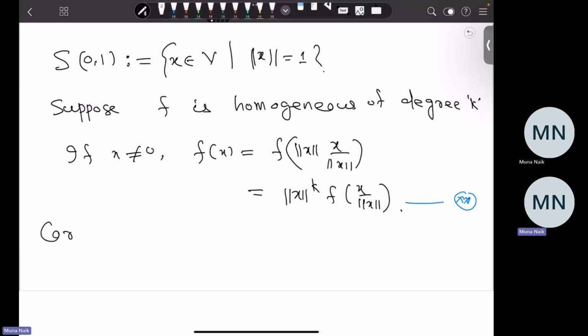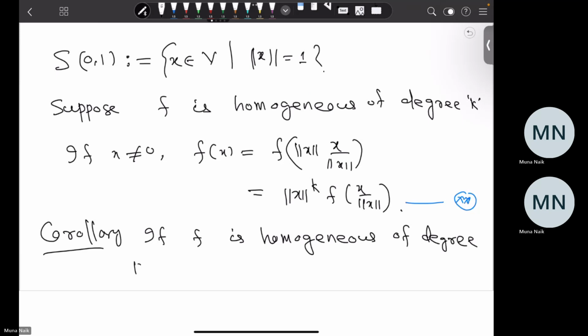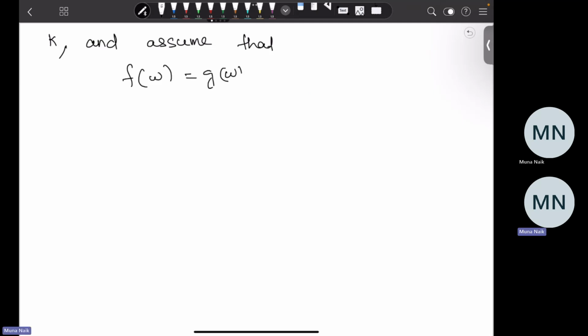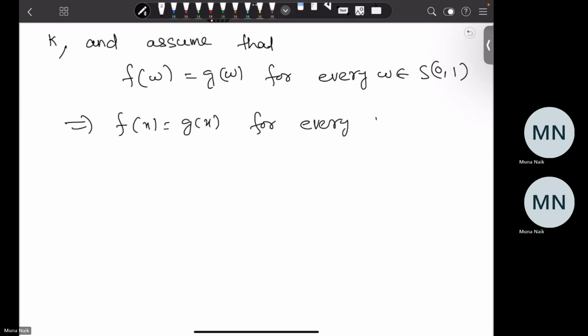Corollary: if f is homogeneous of degree k and g is homogeneous of degree k, and assume that f(w) is equal to g(w) for every w belonging to the unit sphere, then that will imply that f(x) is equal to g(x) for every x belonging to B minus {0}.